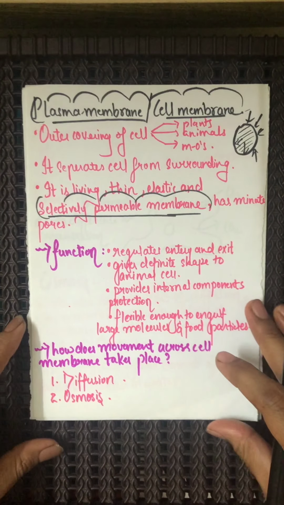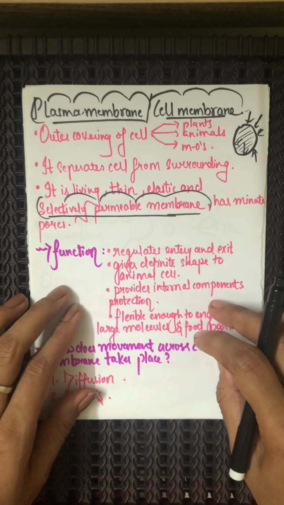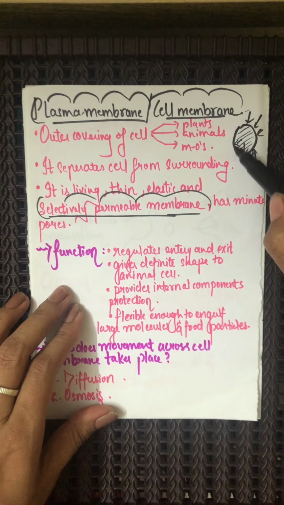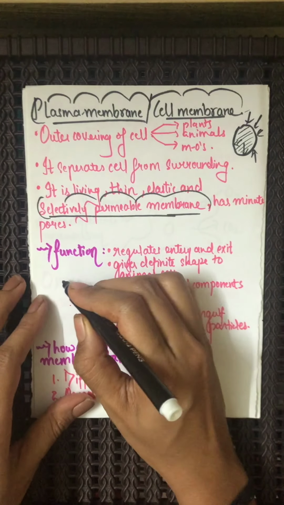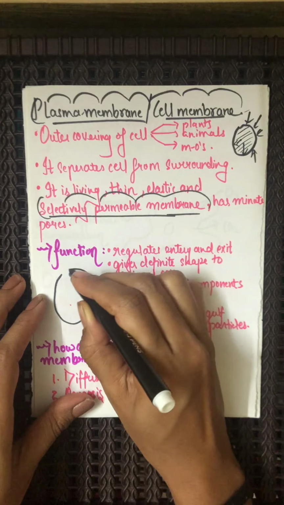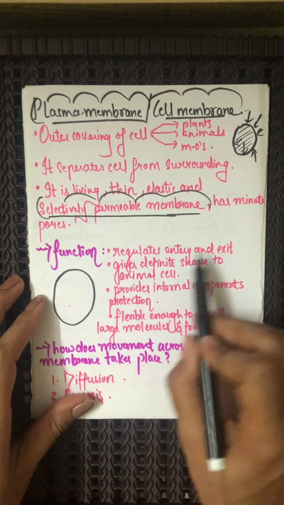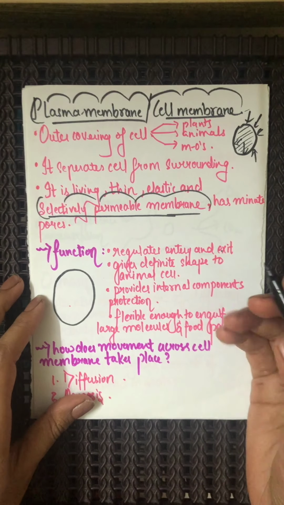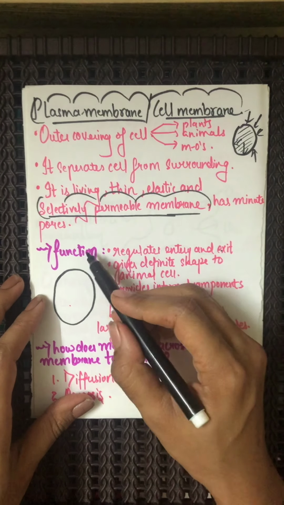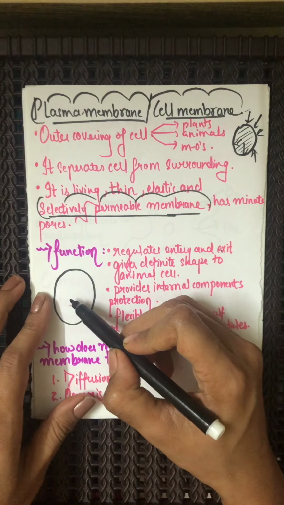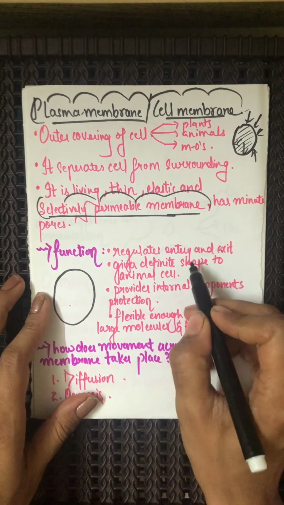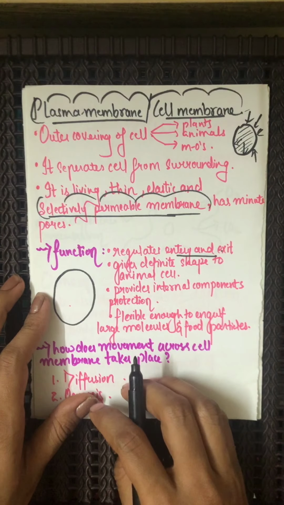Fine. Now here, talking about the functions of the plasma membrane or the cell membrane, as you can see from here, the plasma membrane regulates the entry and exit of materials, that is, it doesn't allow everything to get inside the cell, and it doesn't allow everything to get out of the cell, so it regulates the entry and exit.